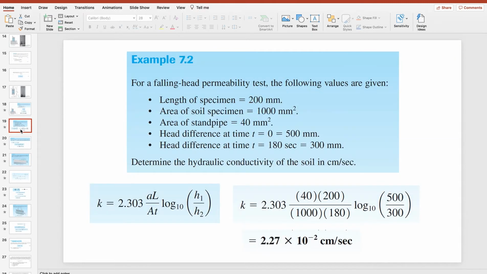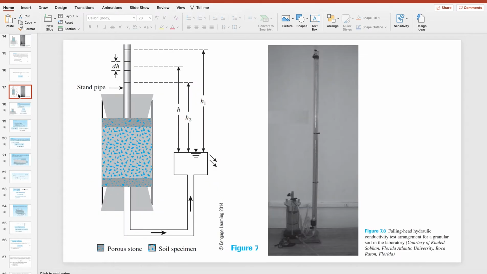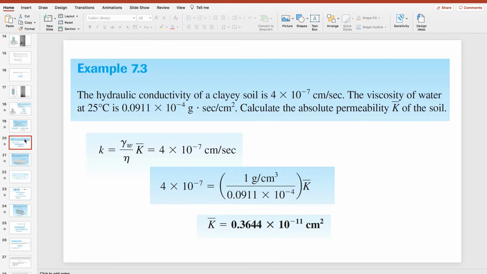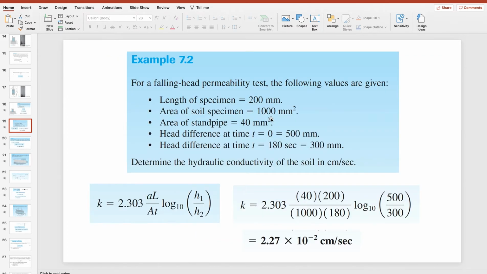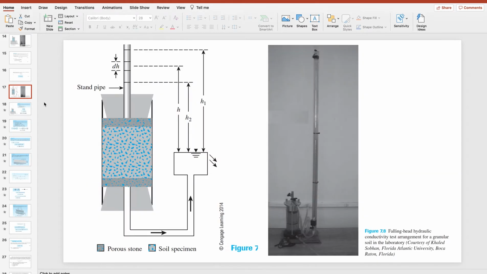Next would be, for a falling head permeability test, the following values are given. We have the length of the specimen, this is it. The area of the soil specimen.